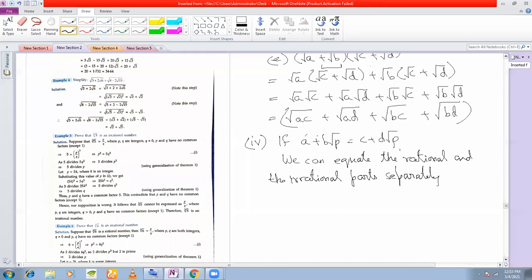What does this mean? If you see a and c are the rational parts, so they can be equated. So therefore we have a must be equal to c. Okay, and these two are the irrational parts, b root p and d root p, but root p and root p are same, so therefore you can equate b is equal to d. Clear with this, or any question regarding this?